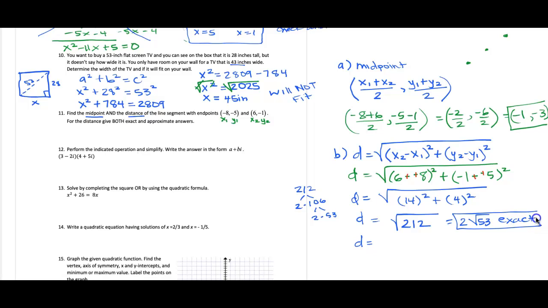Okay, but now just put square root of 212 in your calculator, and on some of your calculators it might give that back to you, or it might give it to you in that simplified form already, but it won't give it to you as a decimal.